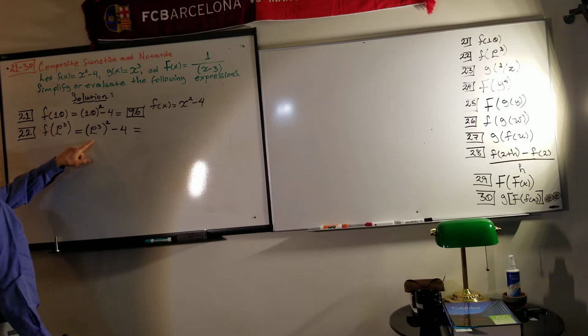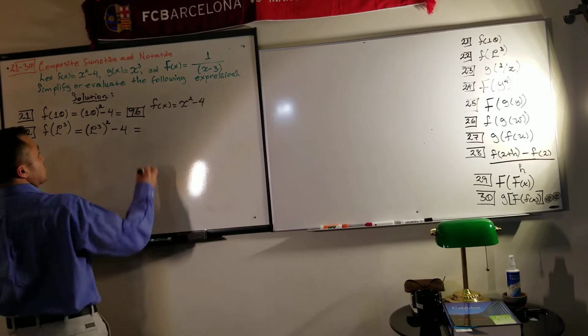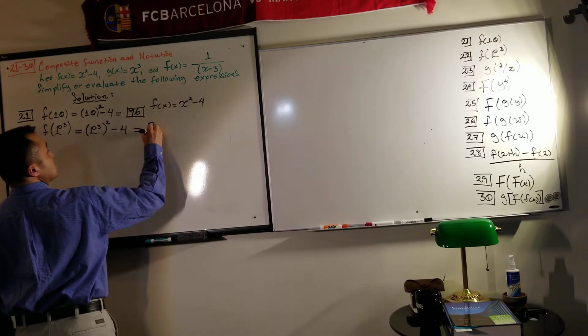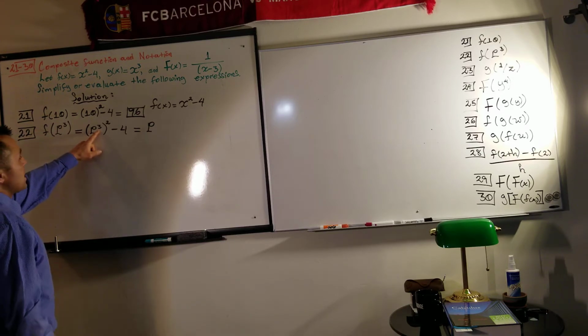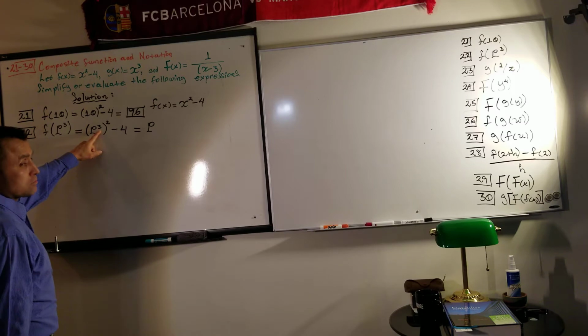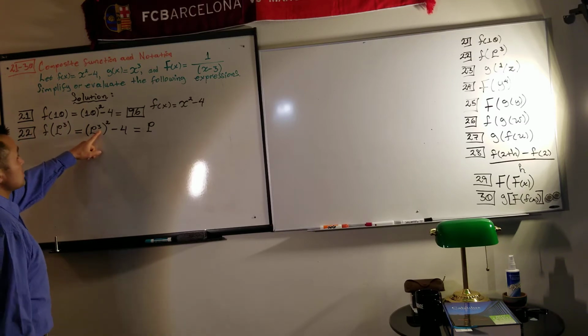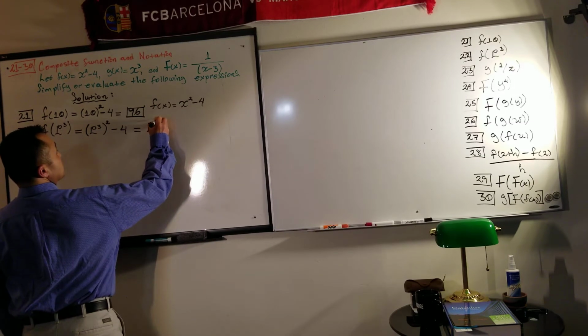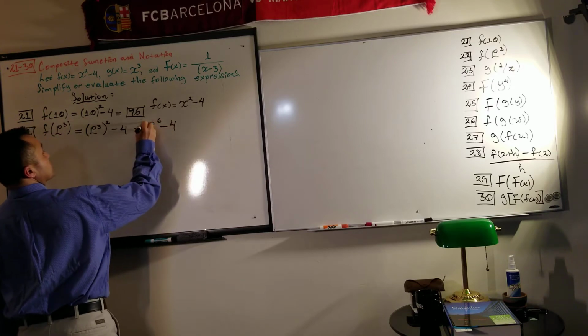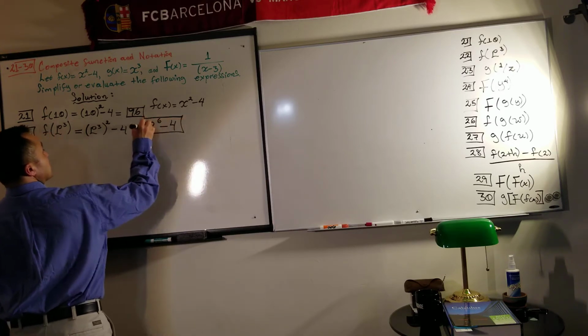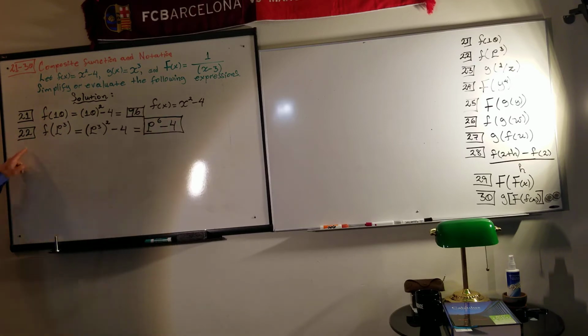And p to the third to the second power is like having p to the third times p to the third, and that is p to the 6th minus 4. And that is the answer for 22.